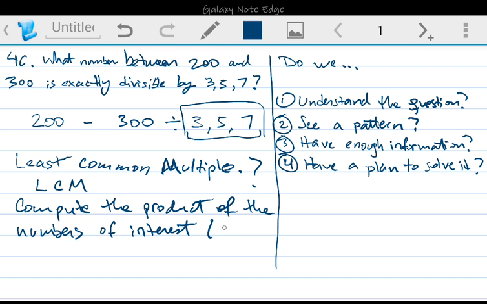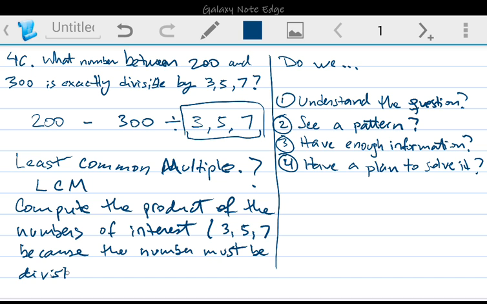In this case, 3, 5, and 7, because the number must be divisible by them.